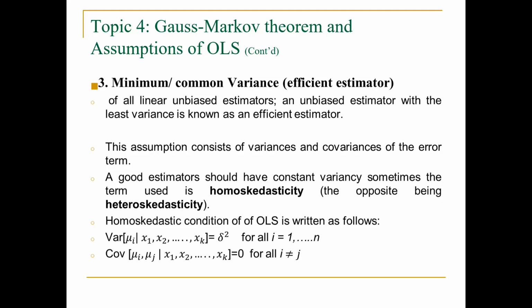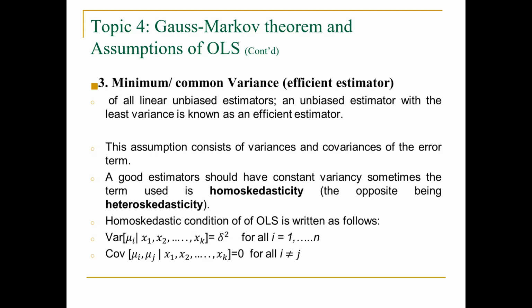Those are the x's up to xk, depending on what you want to feed in the model. We're saying that the variance of the mu term given those variables equals sigma squared. Sigma squared means the constant variance for all the values of i. Of course, i can be 1, 2, 3, 4, 5, up to n farmers.